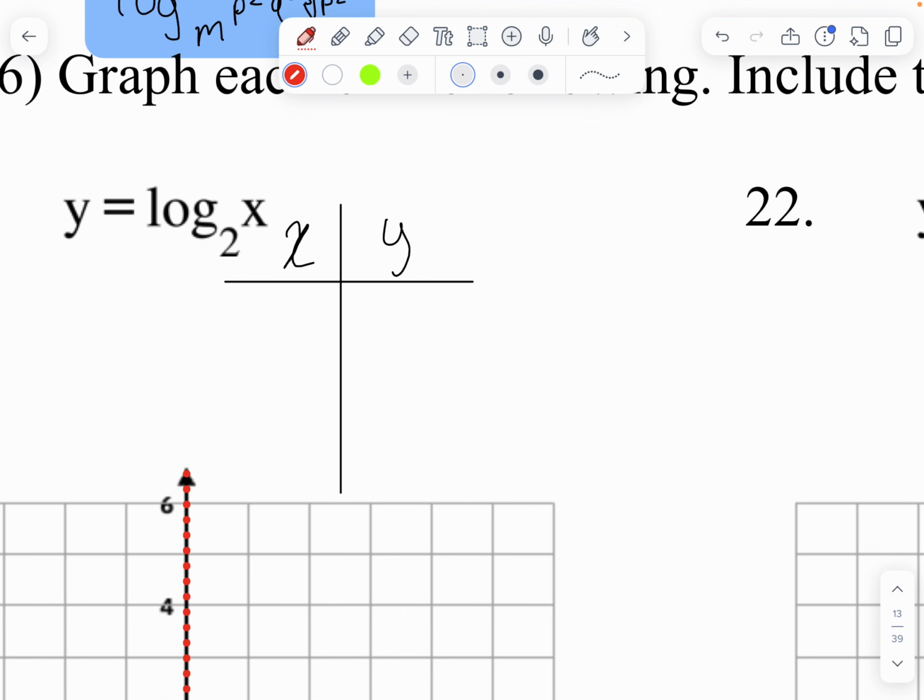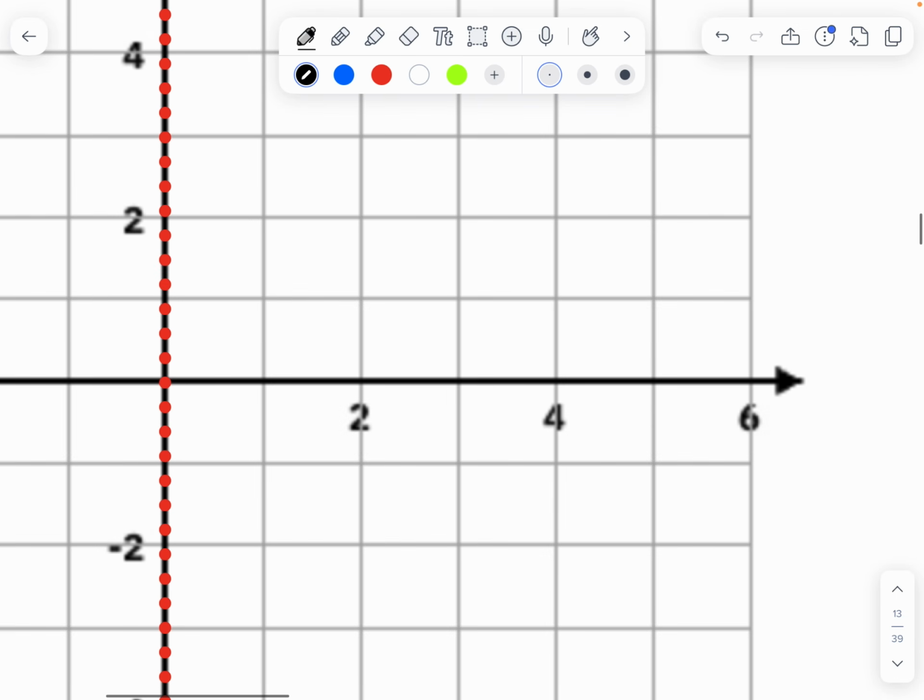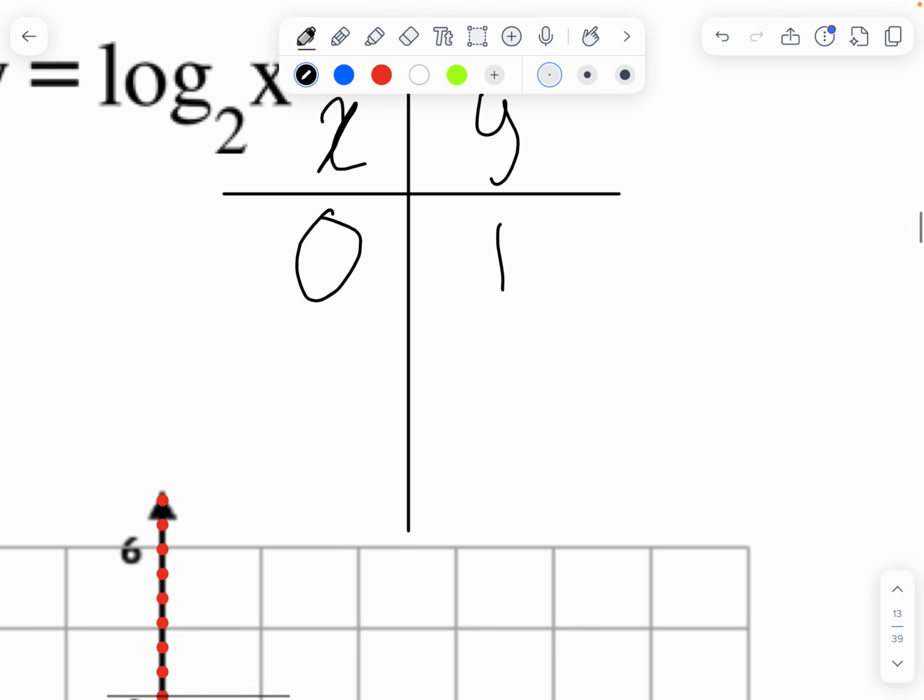Our first value should be 0. If we plug in log base 2 of 0, we get 1. If we plug in log base 2 of x, so if we plug in 2, we get 1.